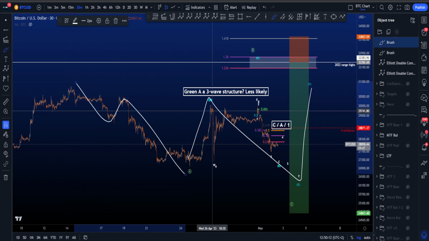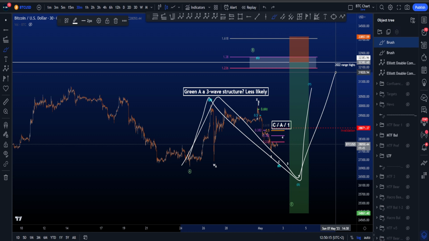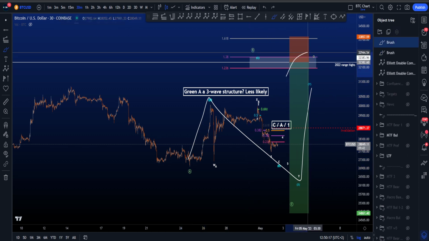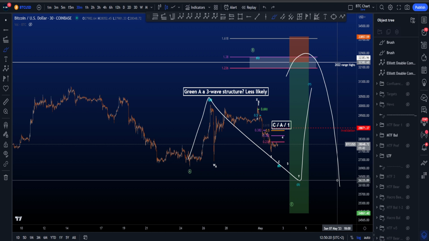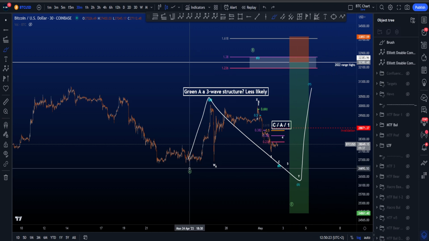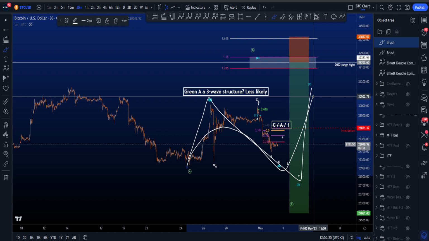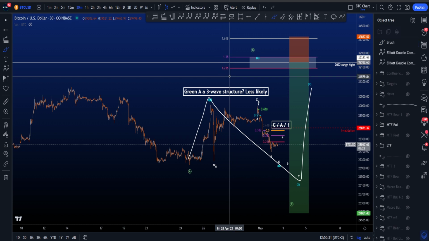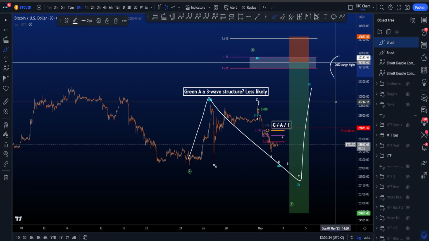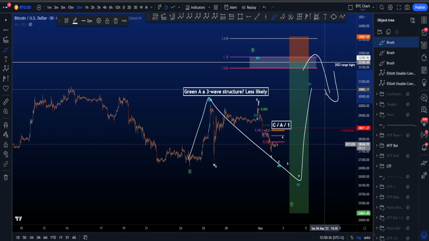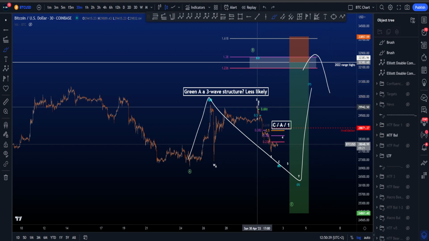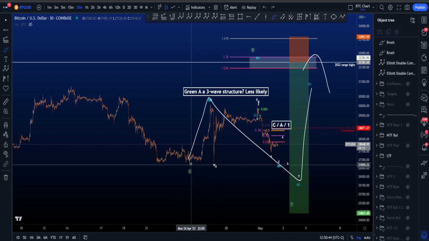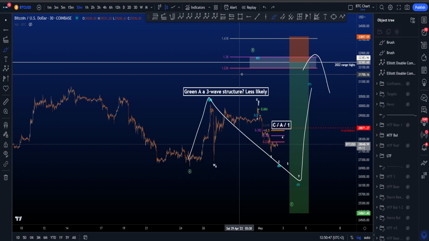So we have a three-wave structure over here, then we have a three-wave structure over here for a wave B, and then eventually a move to the downside in a wave C. So in this particular scenario, we expect basically some sort of a WXY in blue to finish the green B, ending somewhere most commonly between the 1.236 and the 1.38, which also includes the 2022 range highs, for maybe a liquidity grab and a move to the downside, right? So if this is a wave A, then this is a scenario that I have on the cards, where we would somewhere bounce below wave A potentially for then a move to the upside, where this scenario of wave B is becoming a lot more likely.